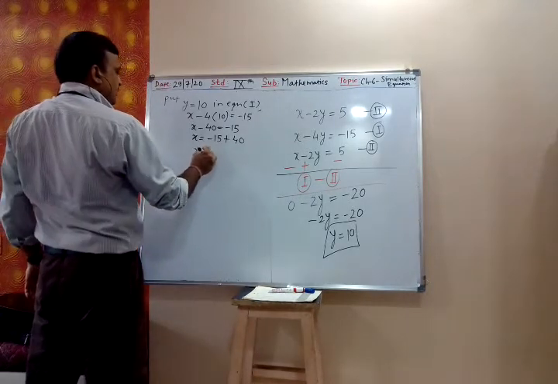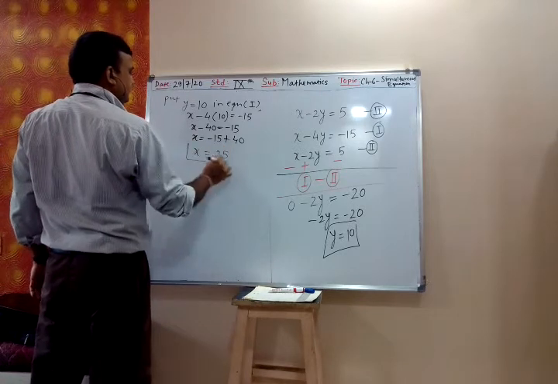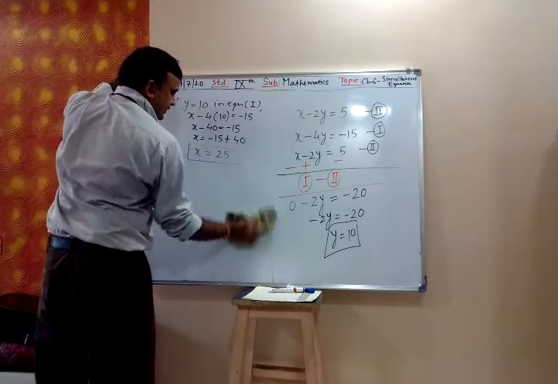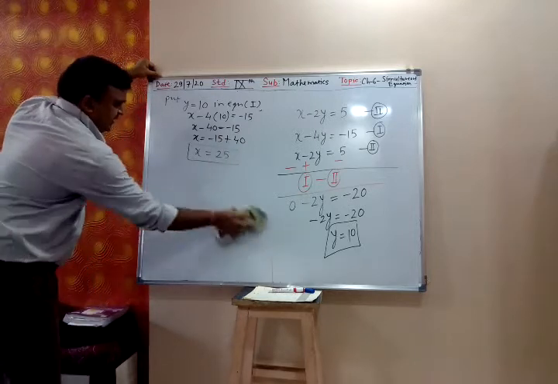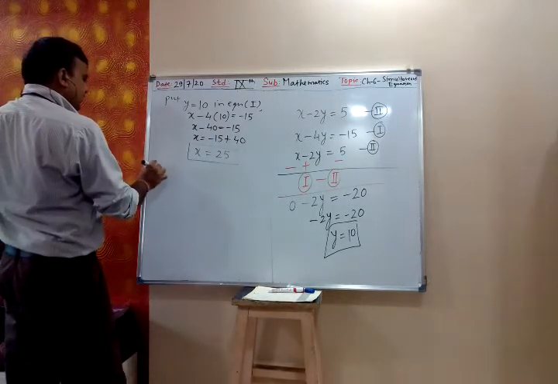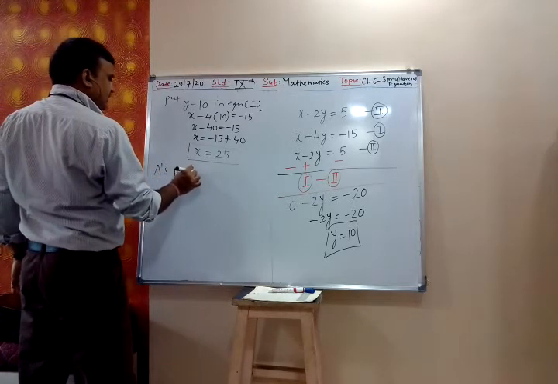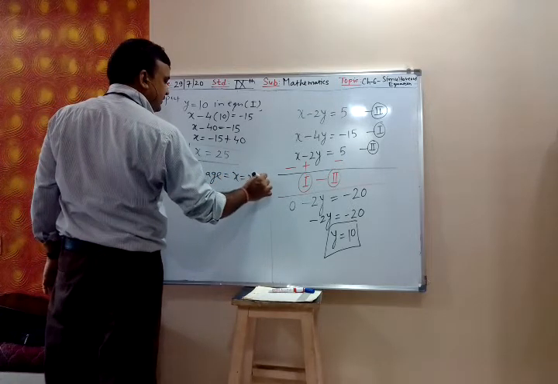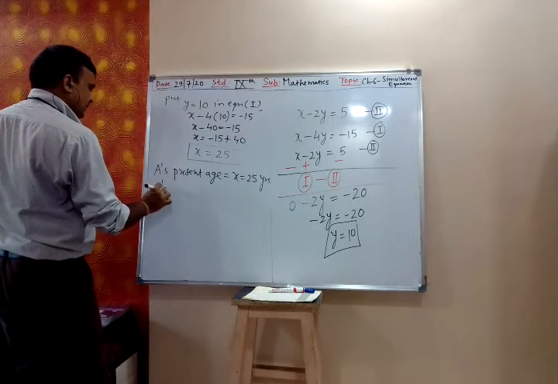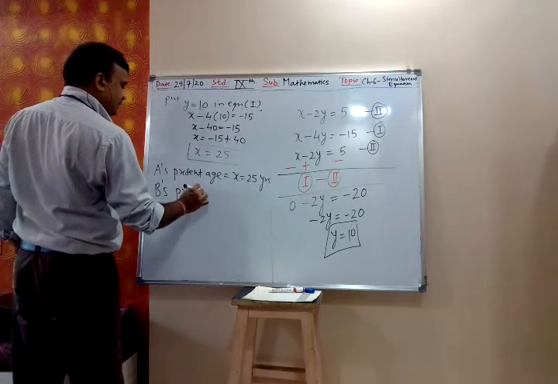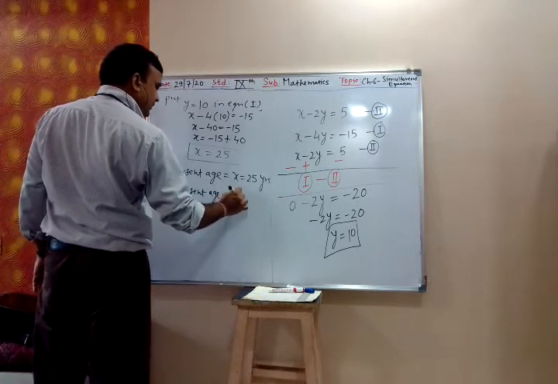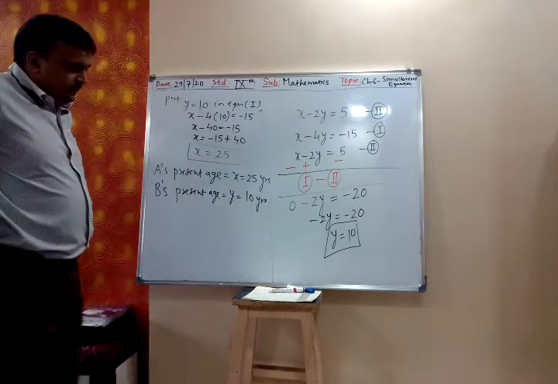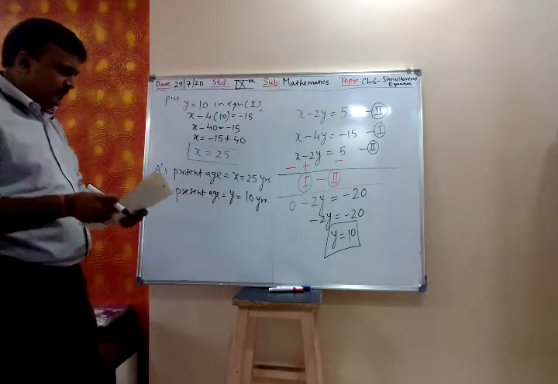You have to write that A's present age is x, which is 25 years, and B's present age is y, which we write as 10 years. So the present ages are 25 and 10.